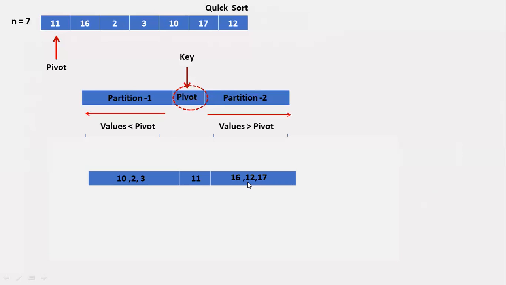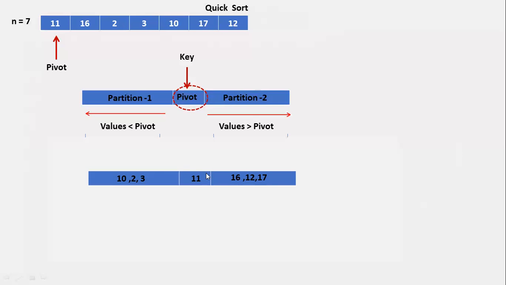Now this 10, 2, 3 is one subarray and 16, 12, 17 is another subarray, and 11 is at the correct position. Now we need to apply the same technique to these two subarrays. So here, recursively, we are going to apply the same procedure, and this 11 is at the correct position.